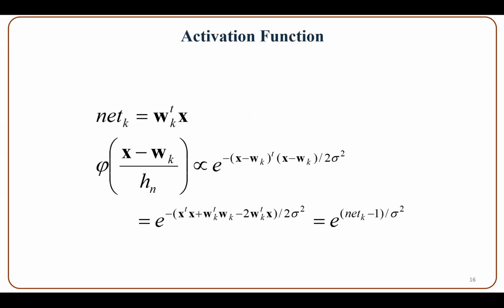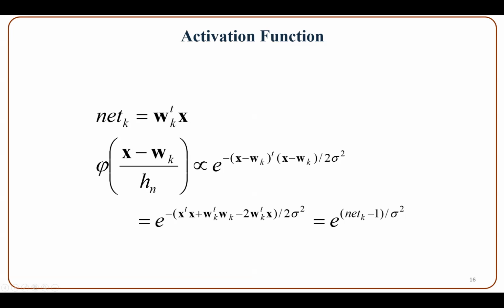In the classification step, a normalized test pattern or instance X is placed in the input units. Then each pattern unit computes the inner product to yield the net activation, net_k. Now let's consider a Poisson window, which is a Gaussian.